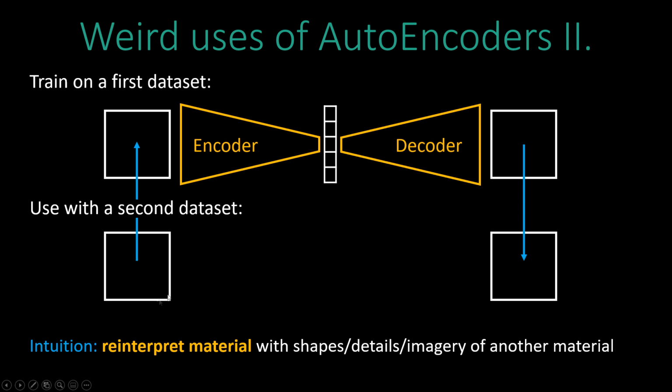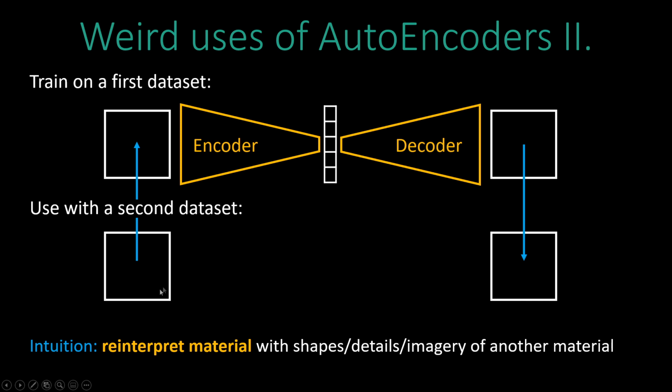So what will happen then is that these images from a second domain are being compressed and decompressed using all the information that was in the first domain, or in the first dataset.